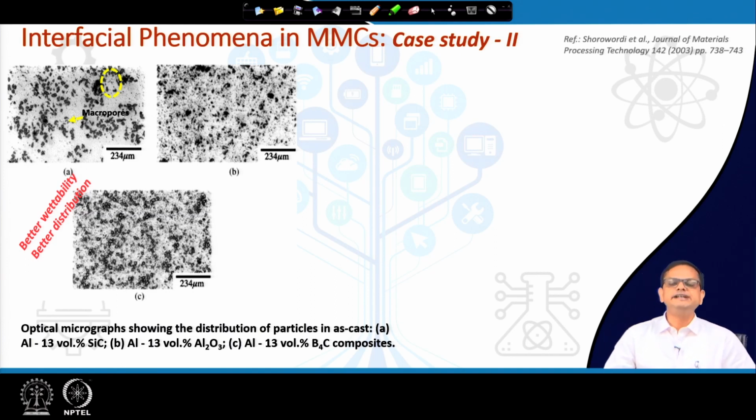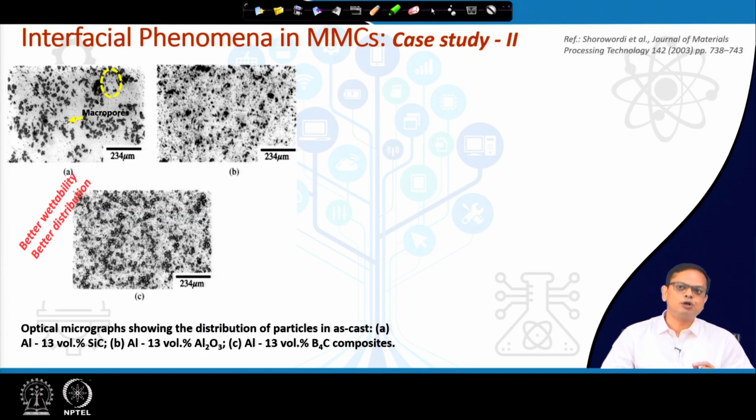And also this preheat treatment was done, if you remember, that would also lead to some amount of B2O3 formation on the B4C particles. Now, when these B4C particles are added in the melt, the temperature is quite high, in the range of 700 degrees Celsius. At that high temperature, this B2O3 obviously melts. The melting point of B2O3 is in the range of 450 degrees Celsius, right.